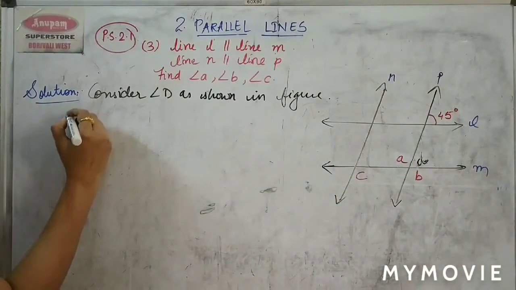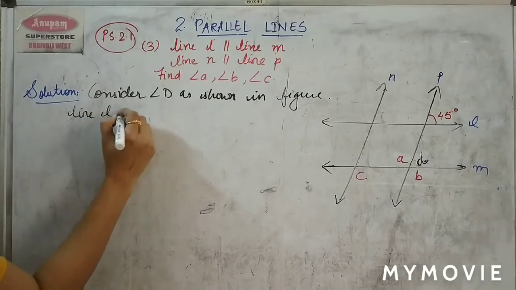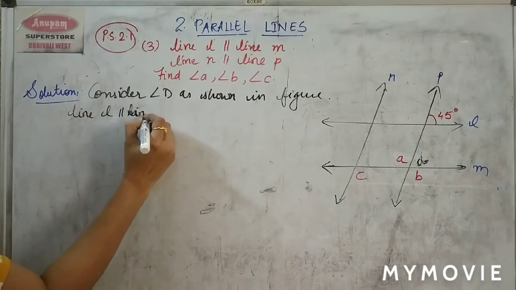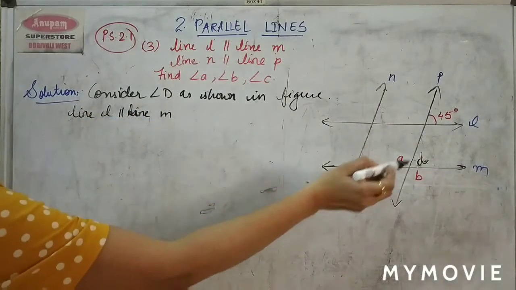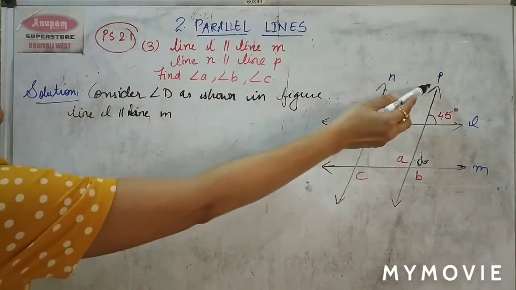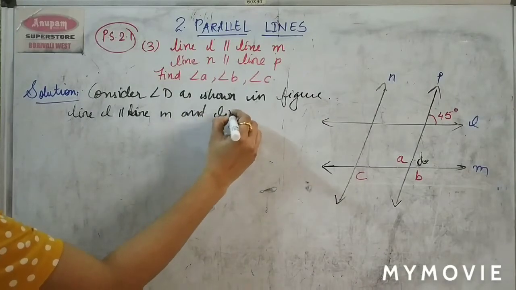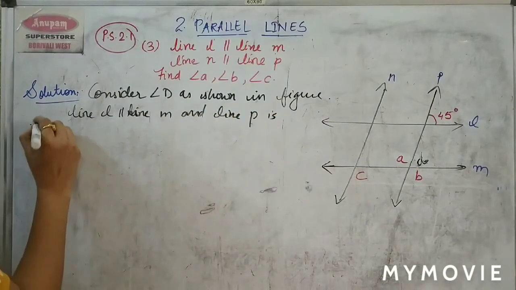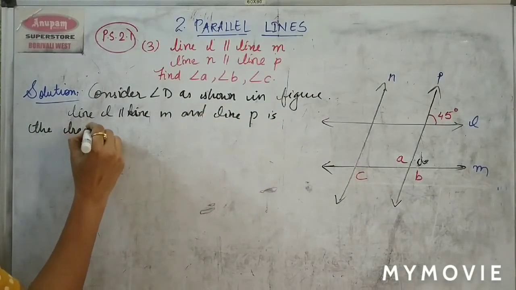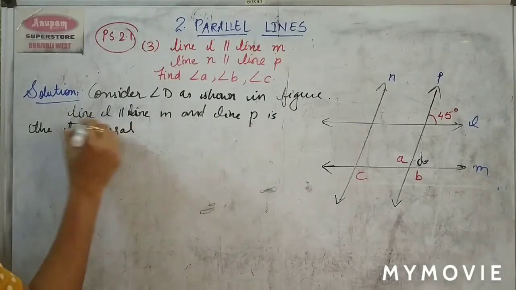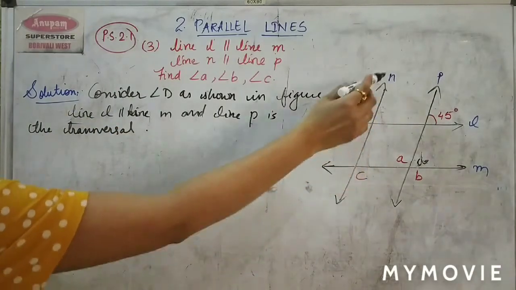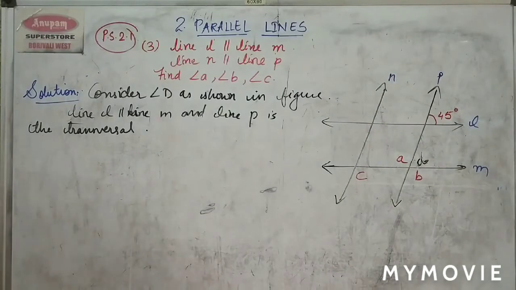So I'll say that line L is parallel to line M. If these two lines are parallel, then I'll say line P is the transversal. I'm not using line N here, so I'm not mentioning it. Only line P I'm mentioning here.